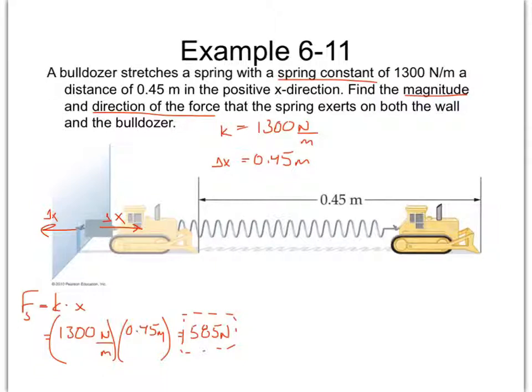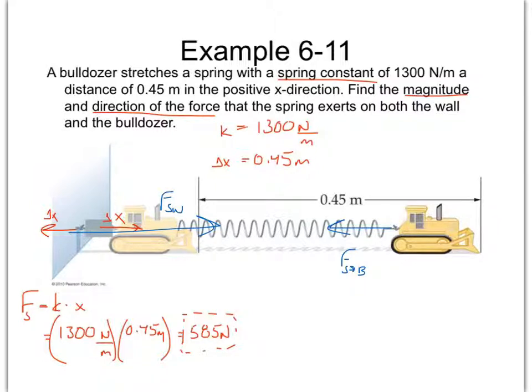As you displace it, it is going to pull back in the opposite direction. So the spring is pulling back on the bulldozer, so that would be the force of the spring on the bulldozer. And if it's still attached to the wall over here, it's going to pull back on the wall. So we can say that's a force of the spring on the wall.